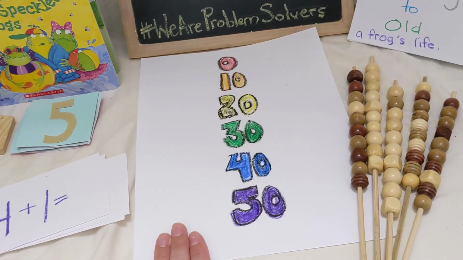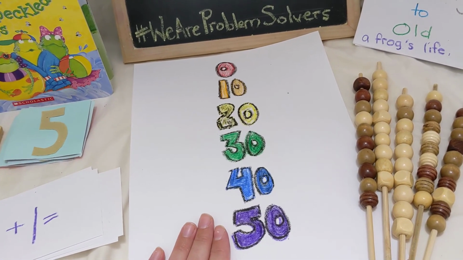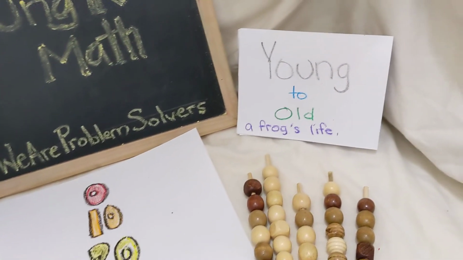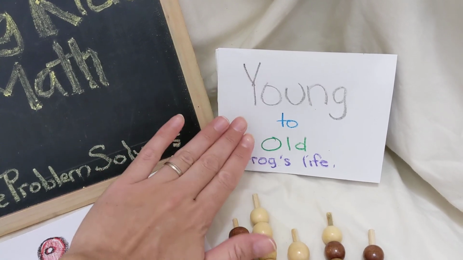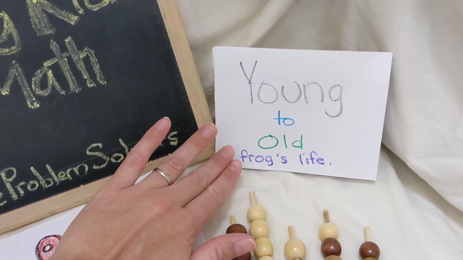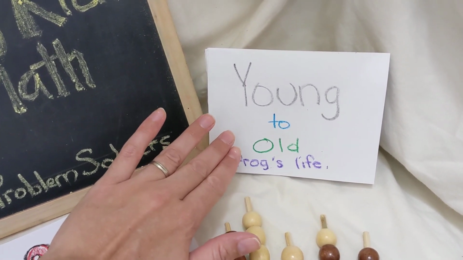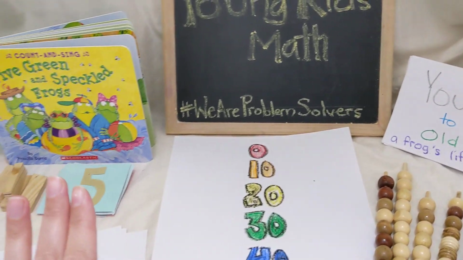Then we're going to count from 0 to 50 by tens. At the end, we will read a book that I wrote called Young to Old, A Frog's Life. It's a very basic book, but it tells us all about the life cycle of a frog. All right, are you ready?